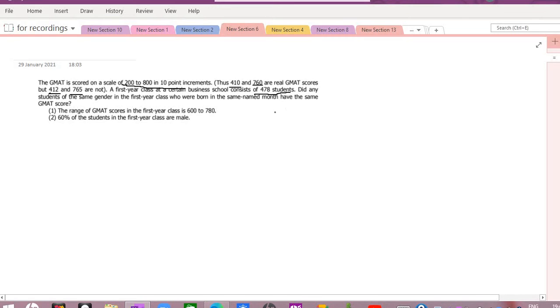So let me list all these categories down here. The categories that we have are gender, month, and then GMAT score. Now the question asked is, did any students of the same gender born in the same month have the same GMAT score?